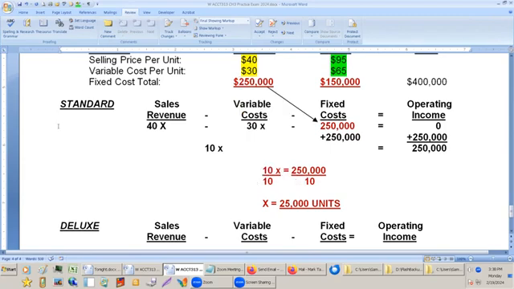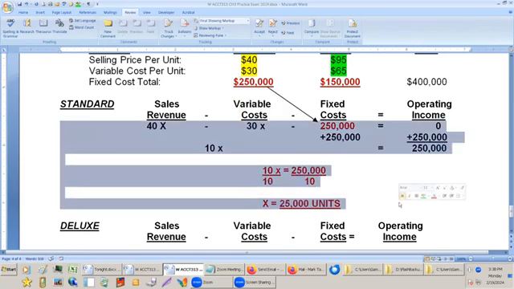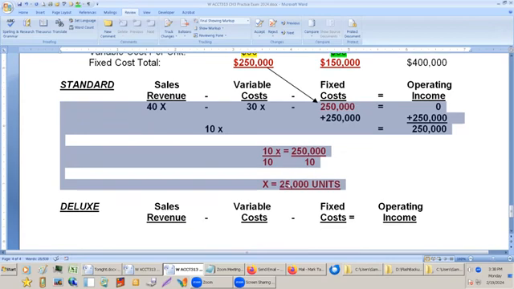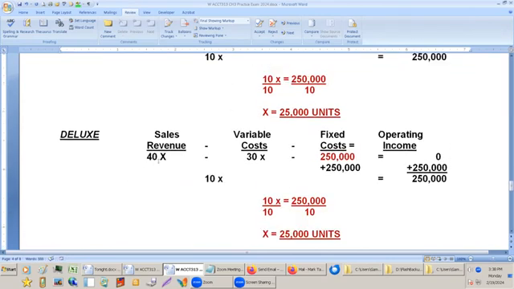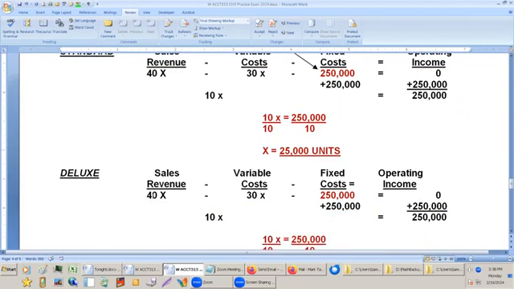Okay. The deluxe was 95 and 65. $30. And the fixed costs were $150.